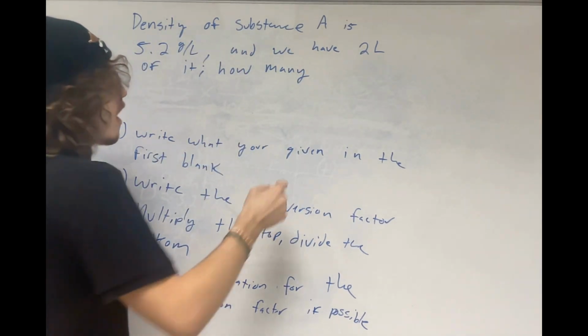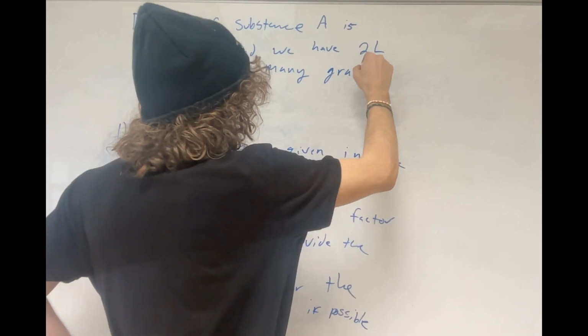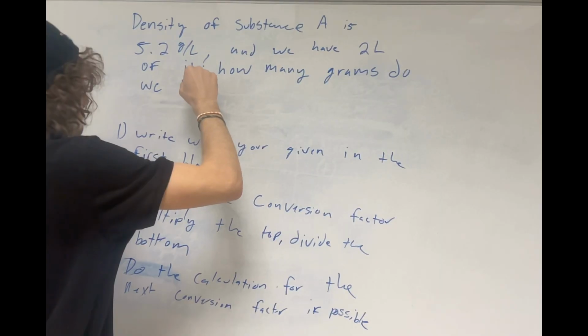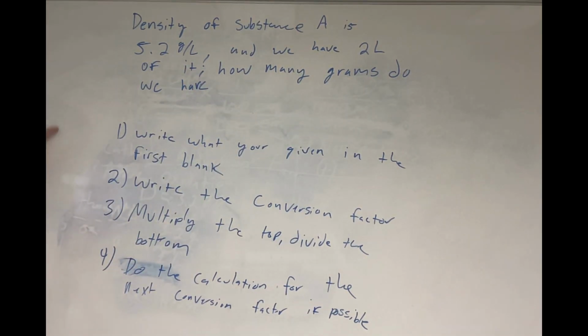Then I want to ask, how many grams of it do we have? So if you need, copy these to your notes, because I'm going to go ahead and erase it here.